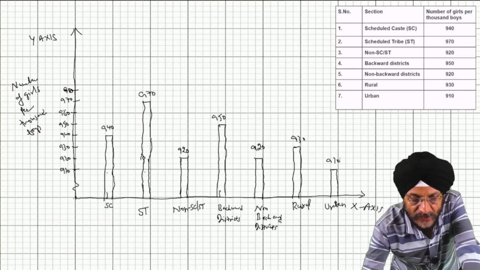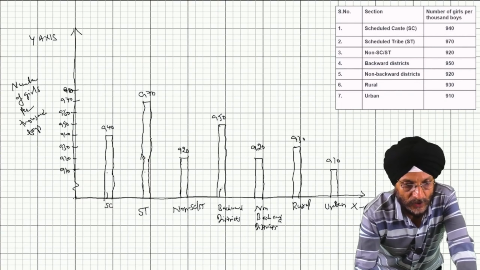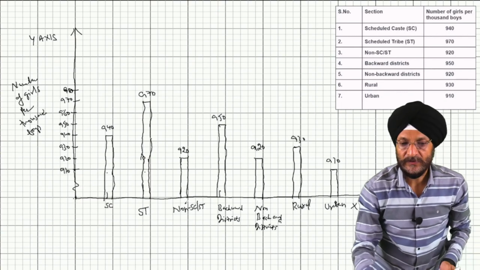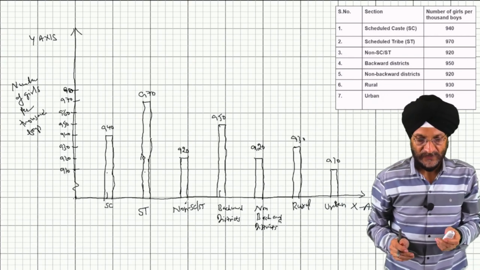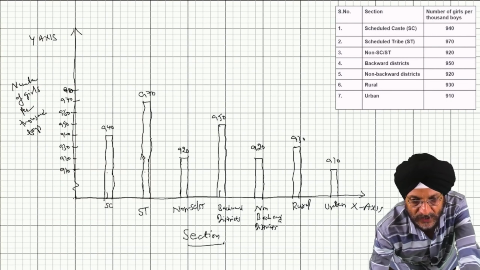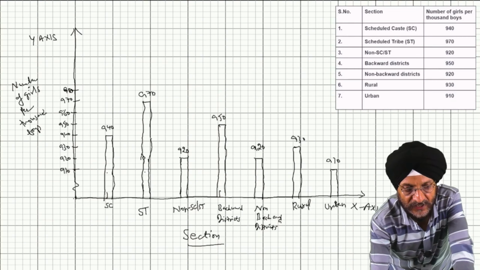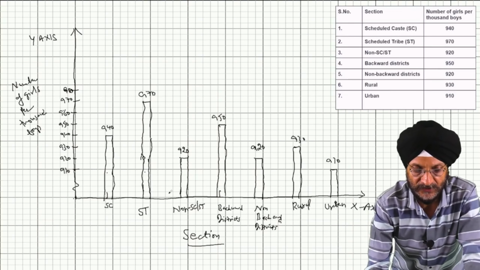Now here it is 910. So now, so far we have formed the bar graph. This is the section which is mentioned on the x-axis. This y-axis was representing the number of girls per 1000 boys.